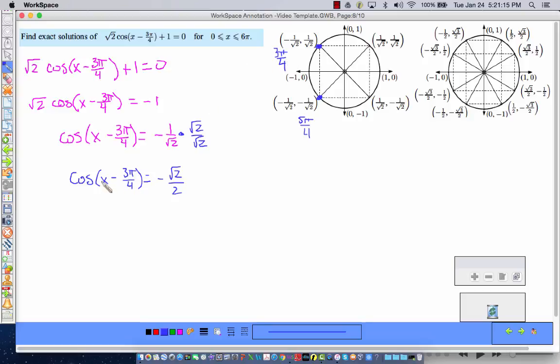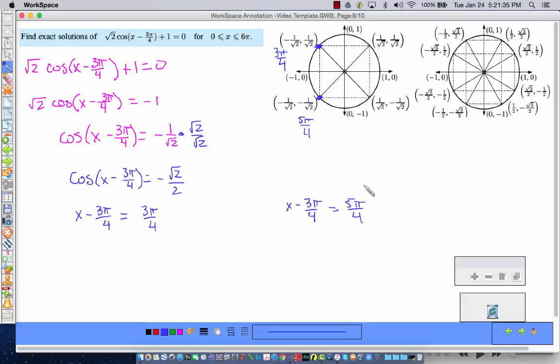Okay, so that means that whatever is in here, x minus 3 pi over 4, has got to equal either 3 pi over 4 or x minus 3 pi over 4 has to equal 5 pi over 4.